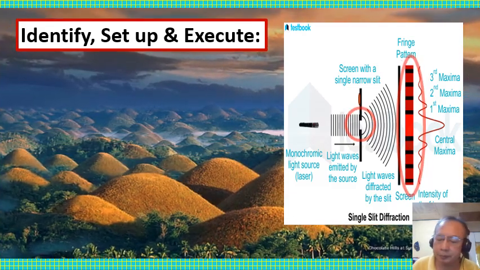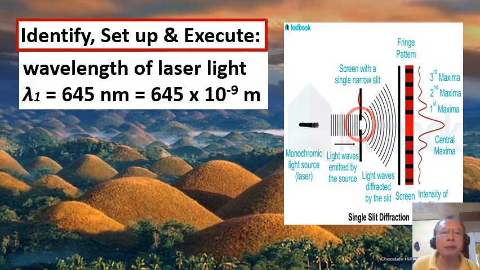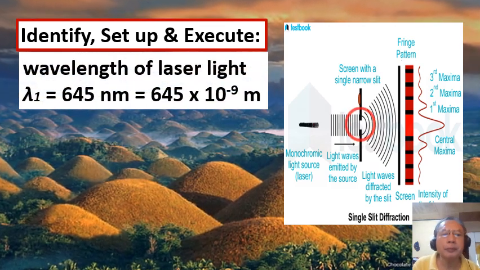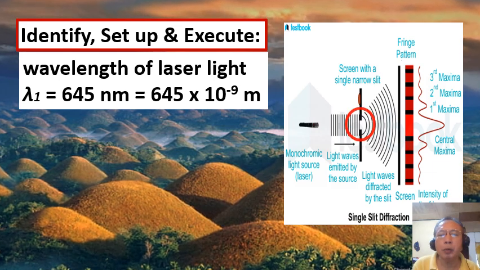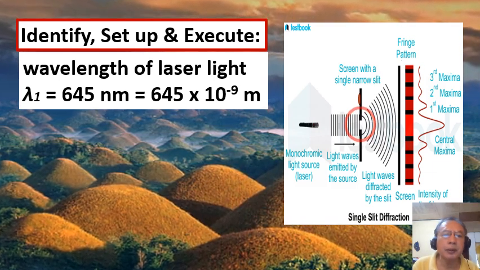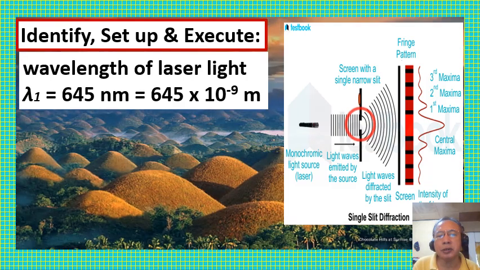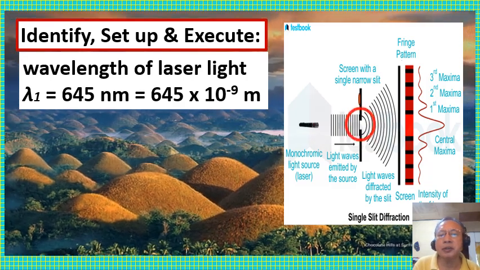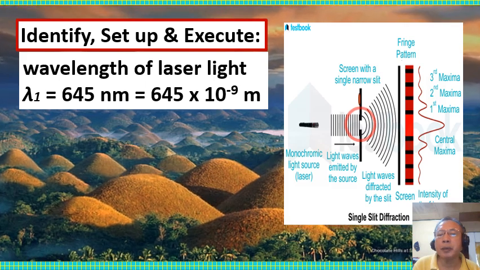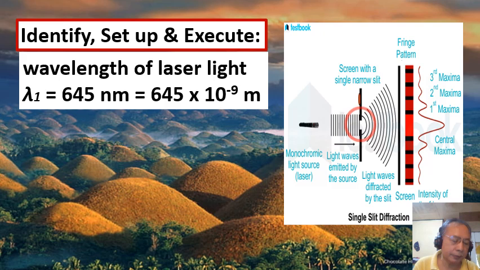In this problem, we are given the wavelength of the laser light, lambda sub 1. All right, this is for question letter A. So the wavelength of the laser light equals 645 nanometers, or that is 645 times 10 raised to the negative 9 meters.